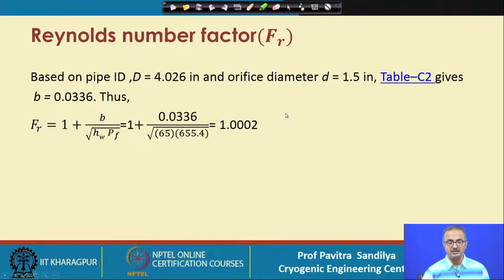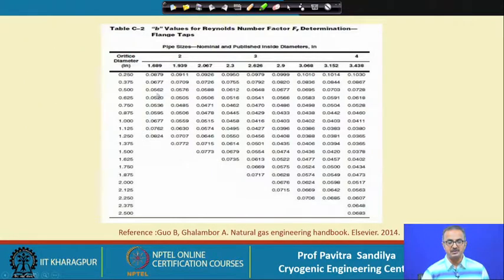Then we go for another chart for FR. This FR has been obtained from this particular chart. Again, it depends on the orifice diameter, the nominal size of the pipe and the gauge of the pipe. So, from this chart we locate the orifice diameter, the nominal diameter and the gauge, and we find out the value of the factor FR.